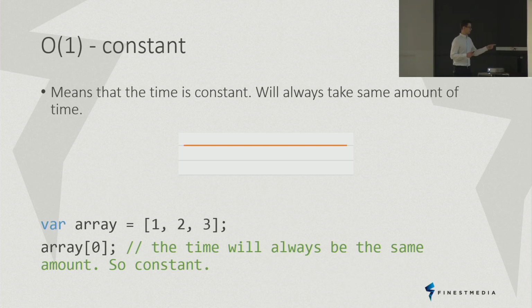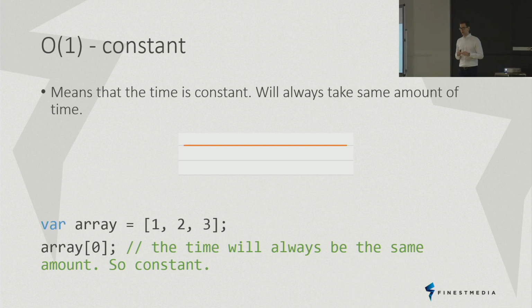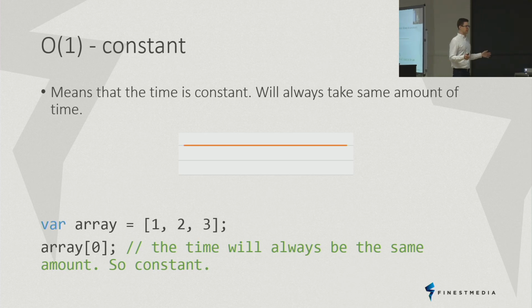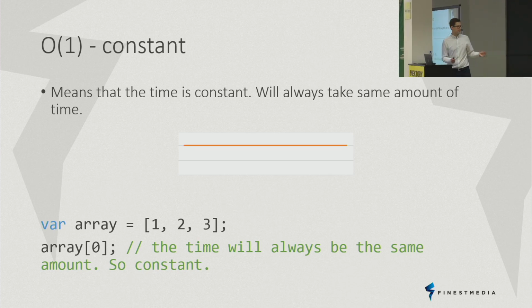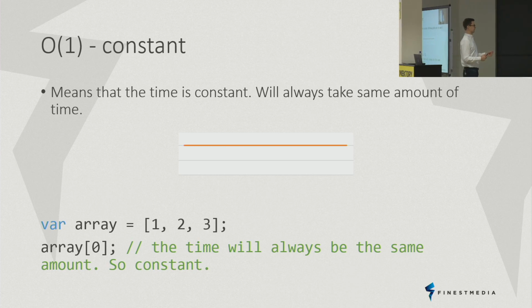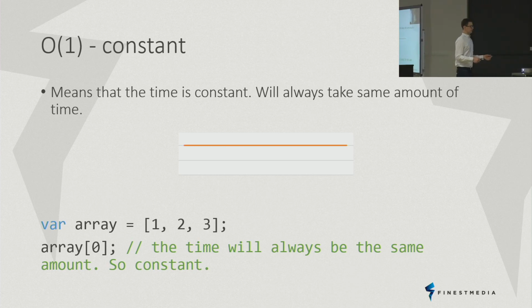When you are accessing the array with the index 0, the time is always constant to get the value for that. So it doesn't matter how many elements are in the array. If there are a million elements, it will always take the same time to find out what that element is. This is basically the best scenario, so it won't take much time.